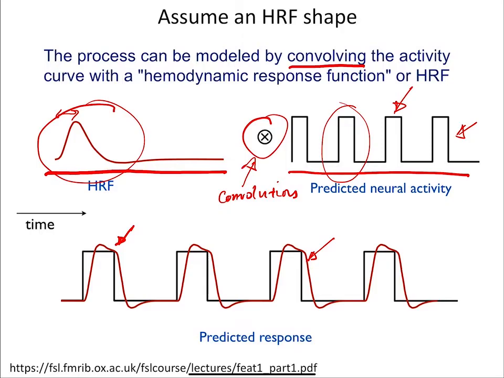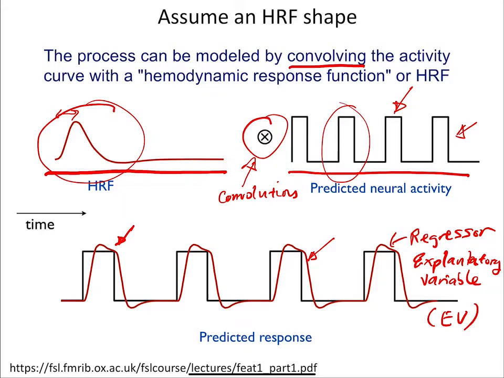So this red curve becomes what's called your regressor, or another term that the FSL folks like to use, your explanatory variable. In FSL world, if you see the term EV, it stands for explanatory variable.